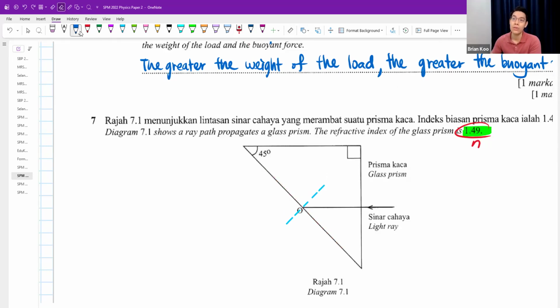Do you also know that the incident angle is actually 45 degrees? It will be the same as this angle, because here is also 45. You can take a triangle, 180 degrees minus 90 minus 45, you will get 45. And because here's a 90, you will also get a 45 here. If you go and count, these two angles are always the same.